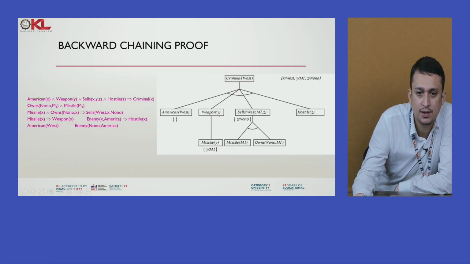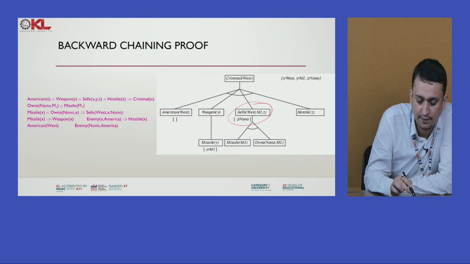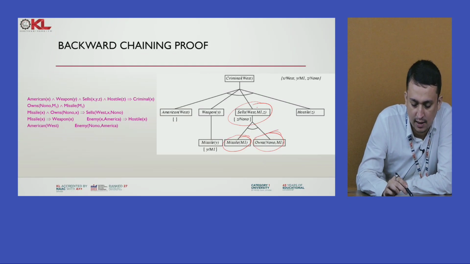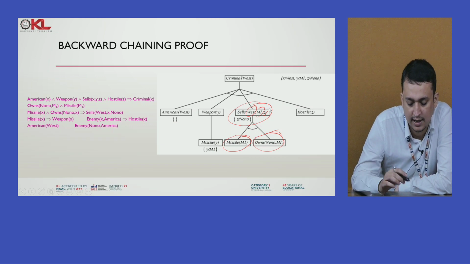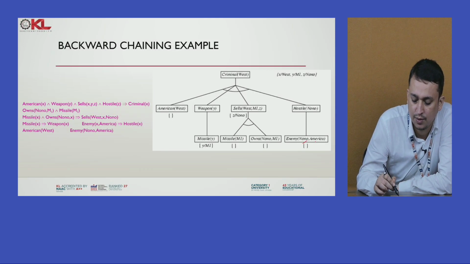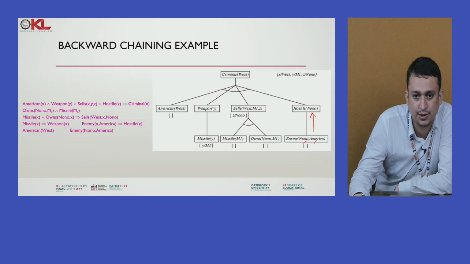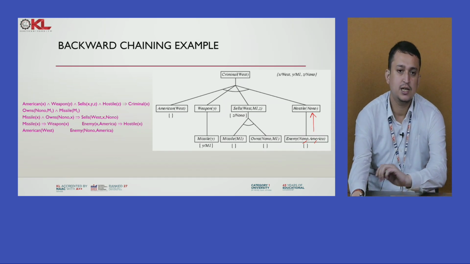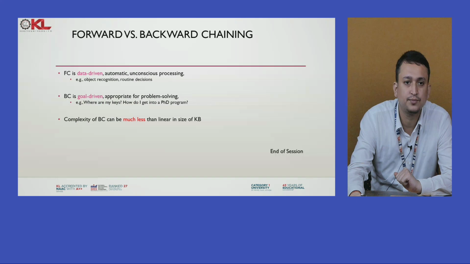To prove the next component, M1 is a missile and M1 is owned by no, and West is selling the M1 missile to country Z, and Z is a hostile. Okay, no is an enemy of America, then we can say that no is a hostile nation. All four are proved, then we can conclude West is a criminal. Okay, this particular procedure is known as backward chaining.